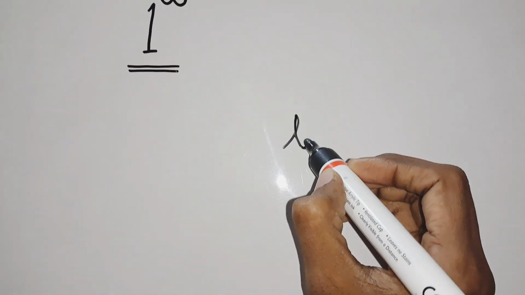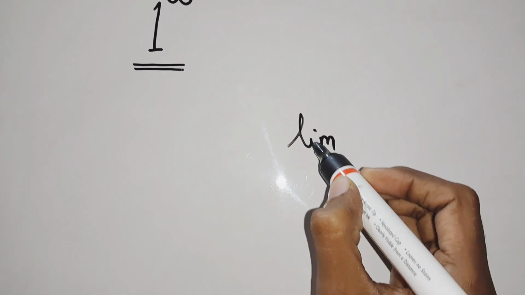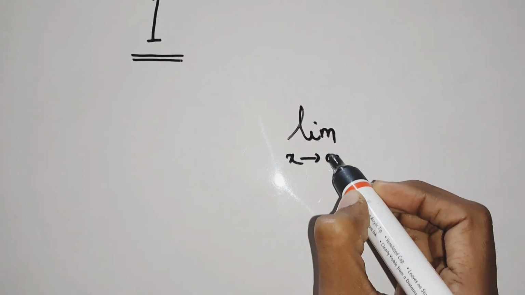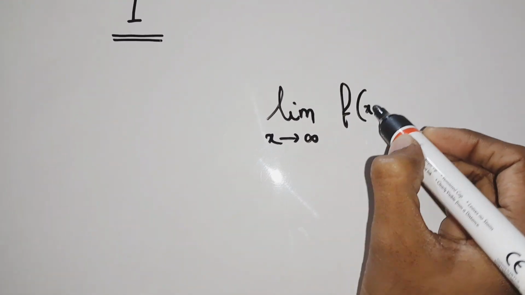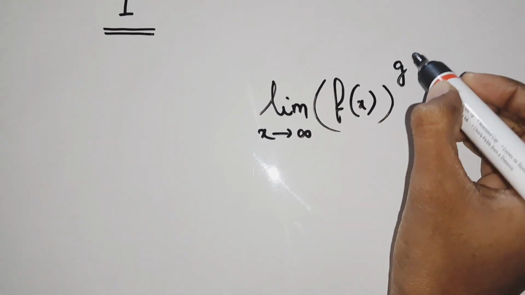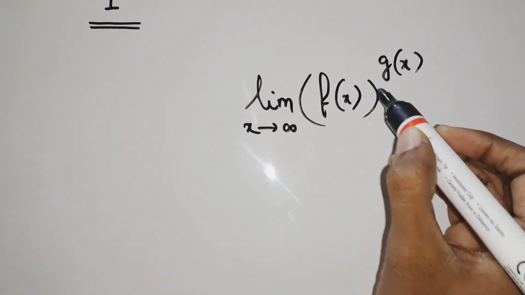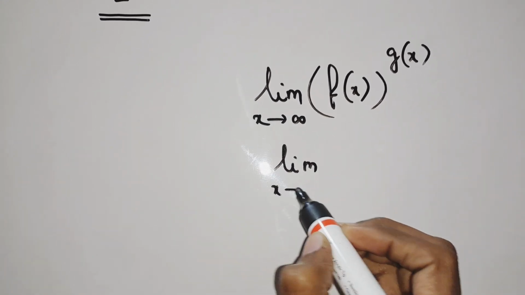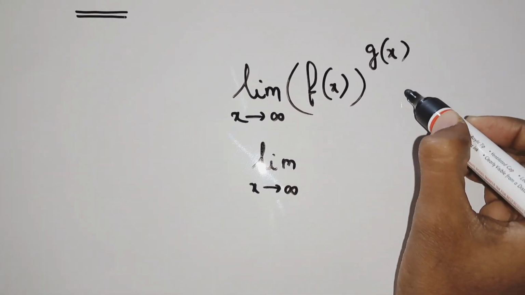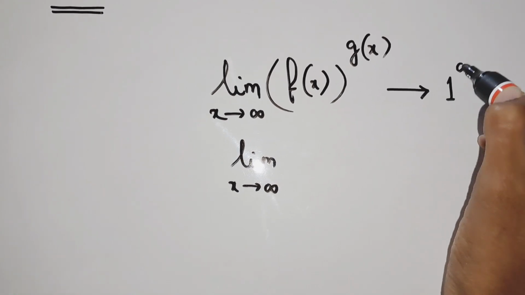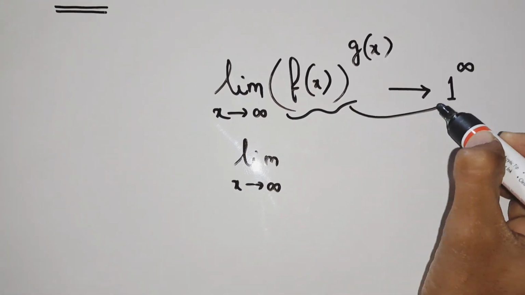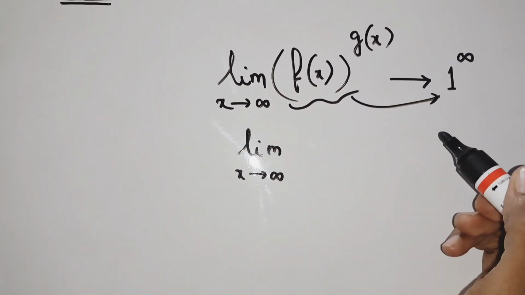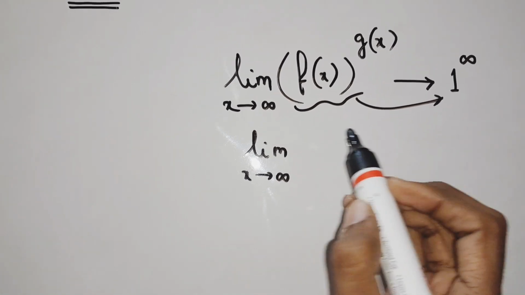So if we have this form, the limit as x extends to infinity of f of x to the power g of x, and we get that this is of the form 1 to the power infinity after putting in the limit, then what technique can we use?